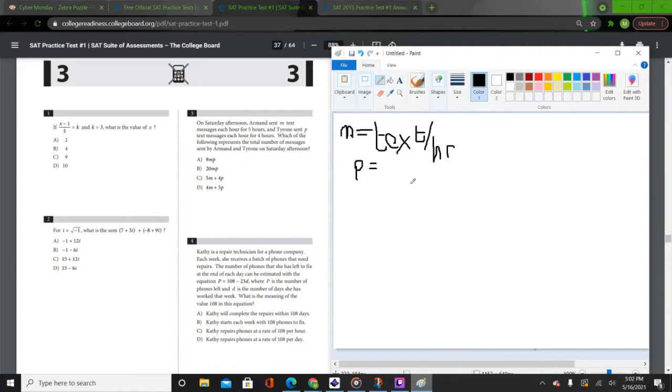What's the point is the following represents the total number of messages sent by Armin and Tyrone each Saturday afternoon. So the total number, let's call that N, is equal to the hours times the rates.